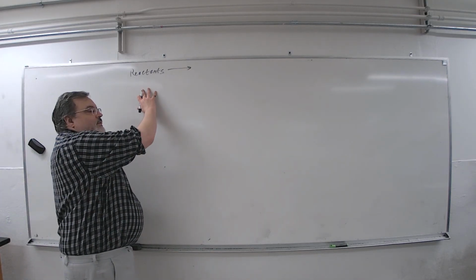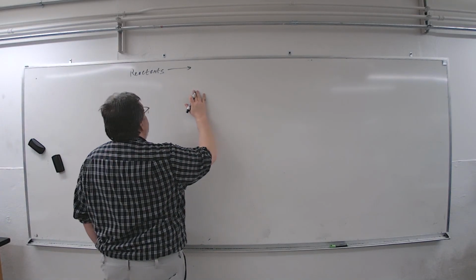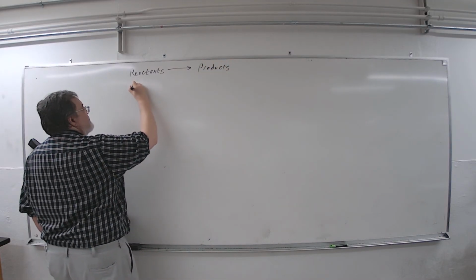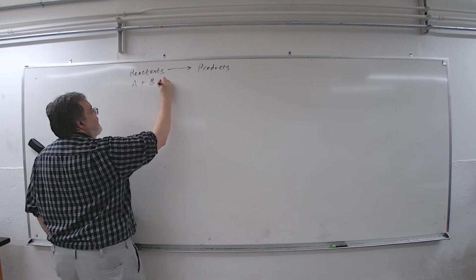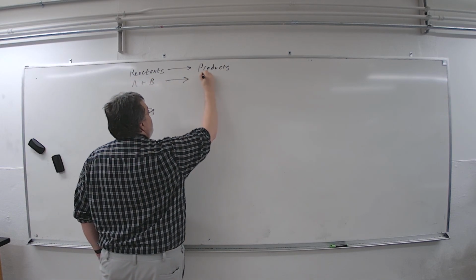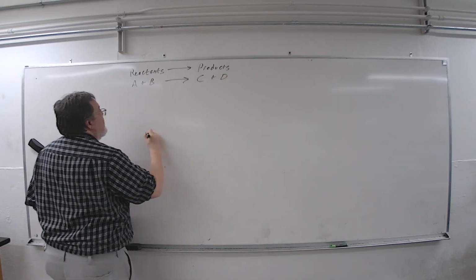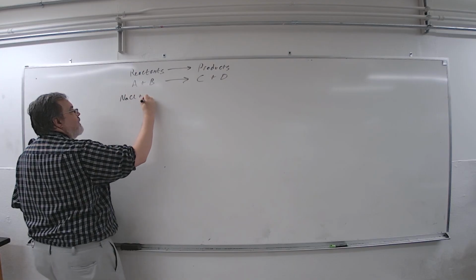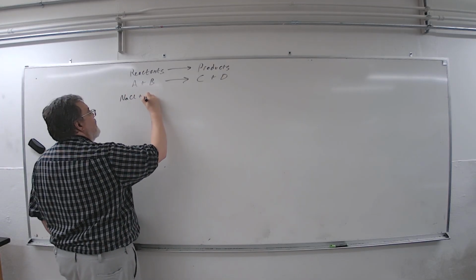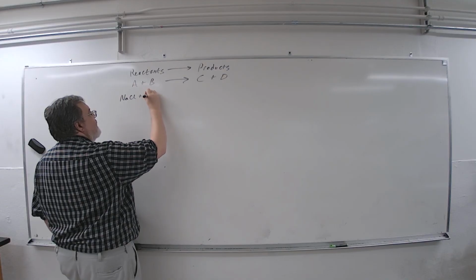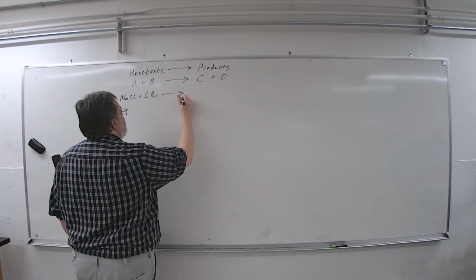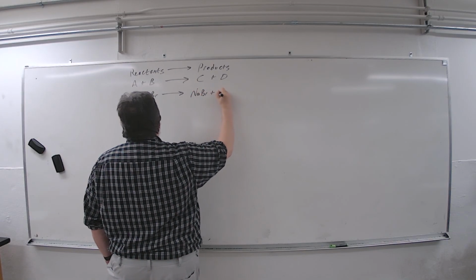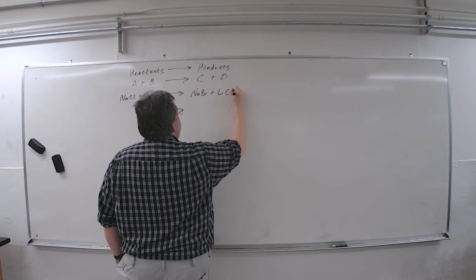Now I'm going to talk about how energy works in reactions. Reactants. And just in general, let's say here's our reactants. A plus B. They go through some sort of reaction and it becomes C and D. An example might be NaCl plus LiBr becomes, when we do the switch, NaBr plus LiCl.